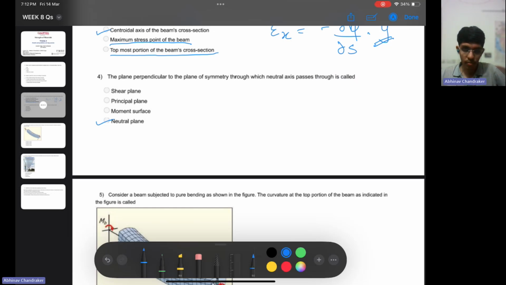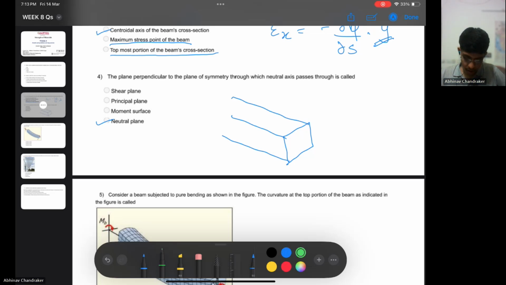Isotropy, all of those assumptions. Then in that case, the whole of that plane through which the neutral axis passes, and it is perpendicular to the plane of symmetry. So to make it clearer, if you have this kind of a beam, it is undergoing bending in this way.